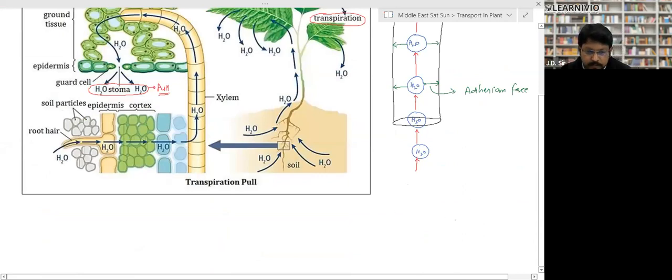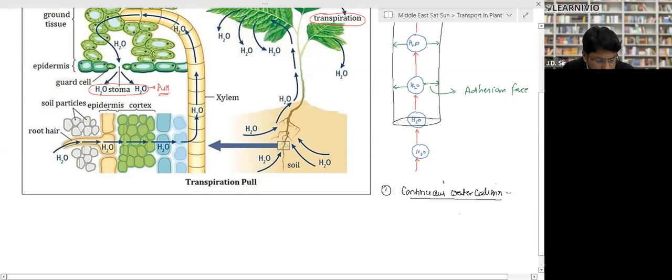First, what is the first feature? So look, the first feature is continuous water column. Good. Right, start writing now.